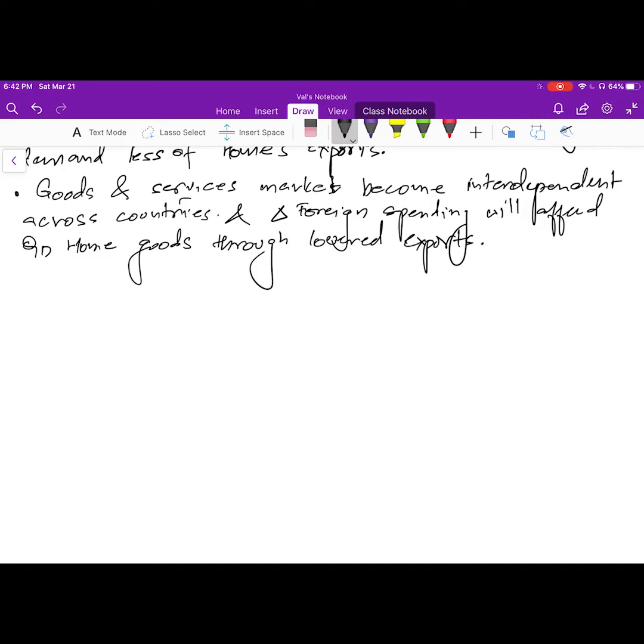Let's move on to section 13.2.2. Financial markets. Within that, we'll talk about interest rate parity condition.